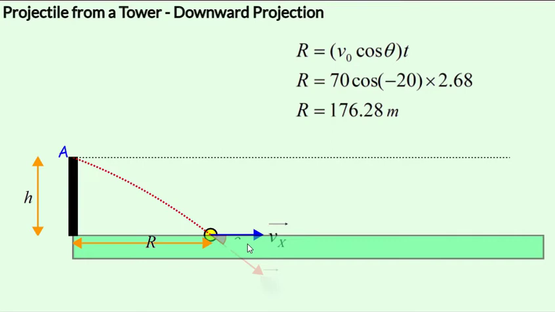The range, therefore, is simply the x component of velocity times the time of flight. The x component of velocity is 70 cos of minus 20, and the time of flight we had just computed as 2.68 seconds. With that, we get the range as 176.28 meters.